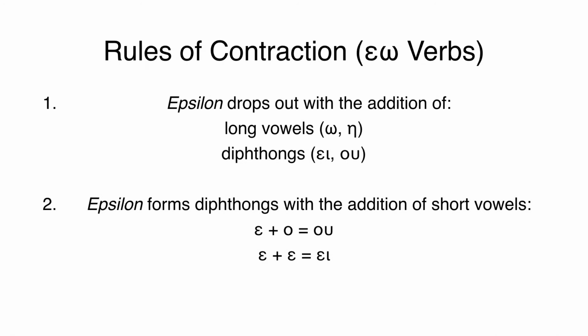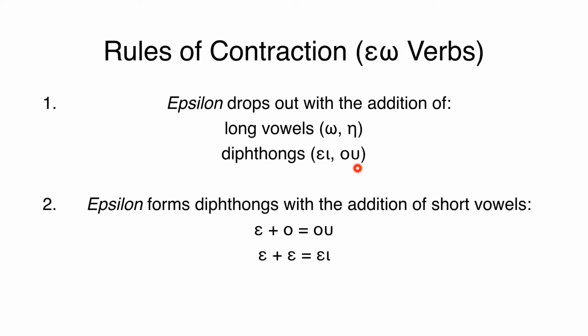Two rules for eo verbs. The epsilon at the end of the stem of the verb drops out with the addition of long vowels, omega and eta, and it drops out with diphthongs, epsilon iota and omicron upsilon.